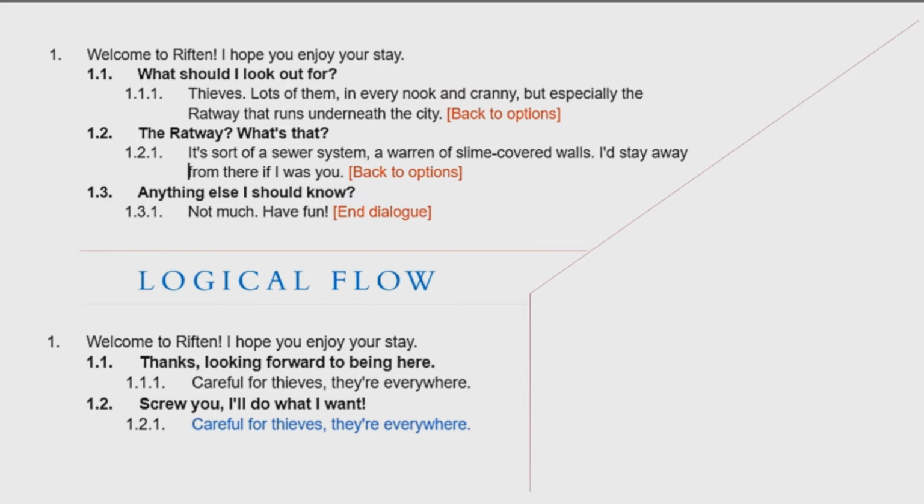And that's great. But following along and making sure that every single step of the way, the answers match the question or the remark by the player and don't just repeat lines is trickier than you might think. So, "Screw you, I'll do what I want" just does not lead into "Careful for thieves, they're everywhere."